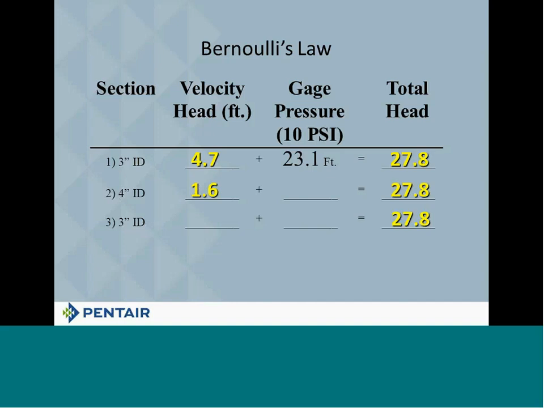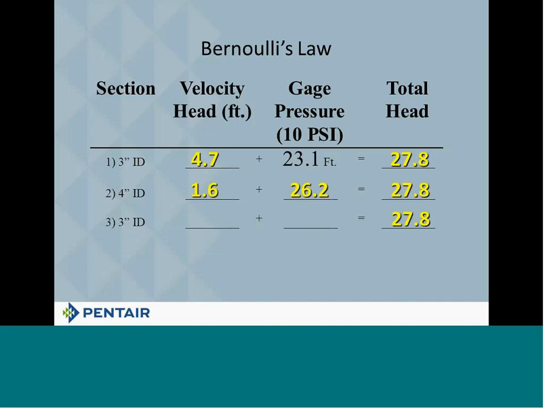All you have to do is subtract 1.6 from 27.8, and you get 26.2. So that's going to be my pressure gauge reading in feet. And you can notice that it did go up when we went from the 3-inch pipe to the 4-inch pipe.